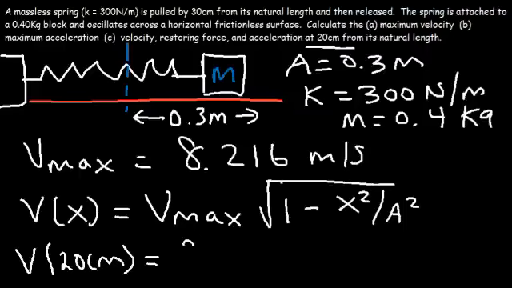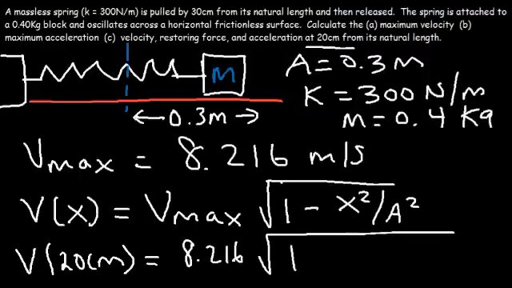So the maximum velocity is 8.216. And then this is going to be 1 minus 20 squared divided by 30 squared. 20 squared divided by 30 squared is about 4 over 9, which is 0.4 repeating. And 1 minus that number is about 0.5 repeating.